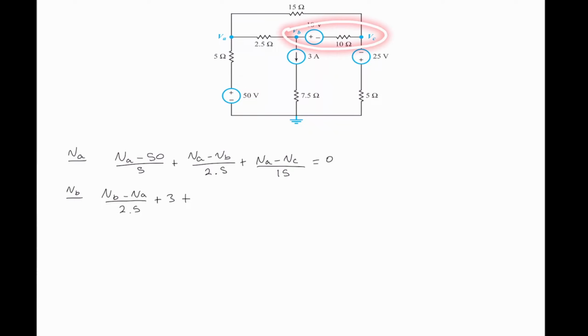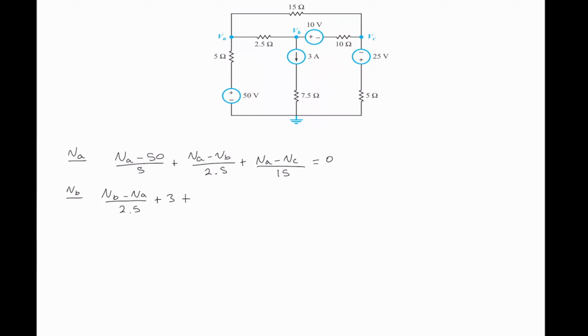plus now VB with reference to VC. We could call that a supernode if you want to, but in this case, VB with reference to VC, so that's VB minus VC, and from VB we're seeing the positive terminal of the voltage source, so that's minus 10 volts. So the voltage across the branch minus the voltage within the branch, divided by the total resistance of that branch.